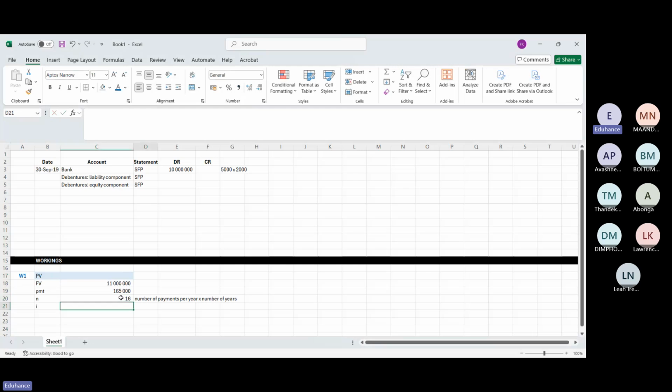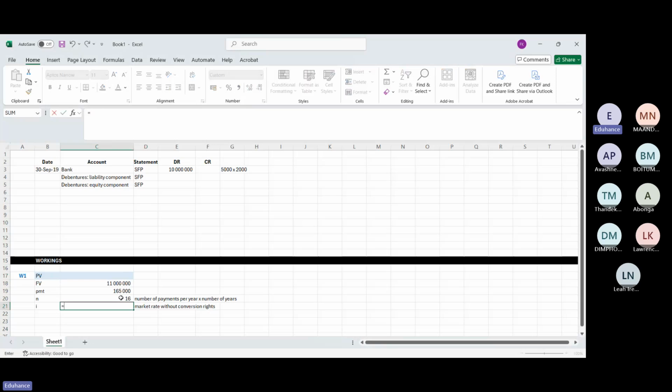Then this needs to be the market rate without conversion rights. They told us the market rate without conversion rights is 11%.